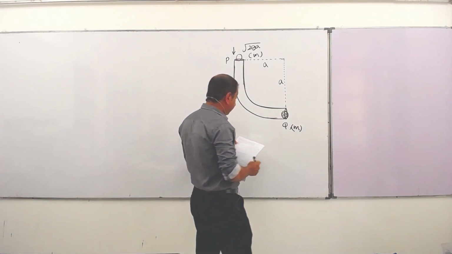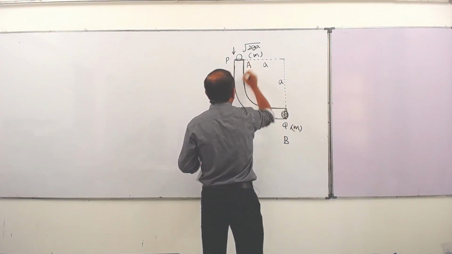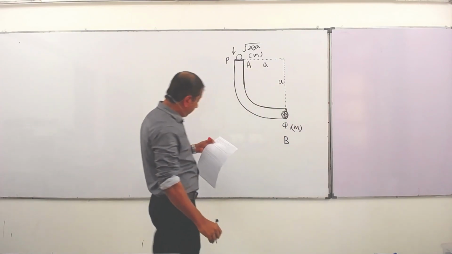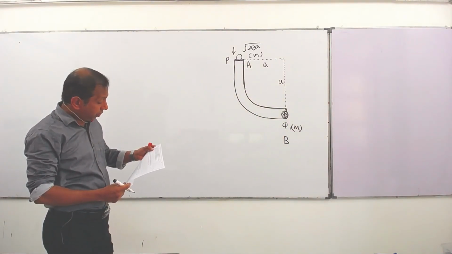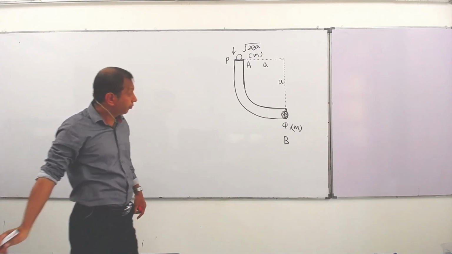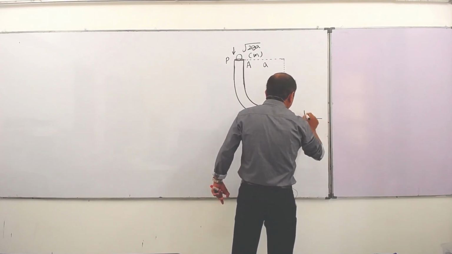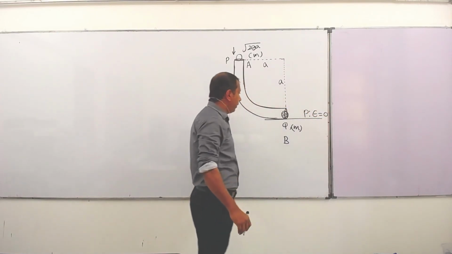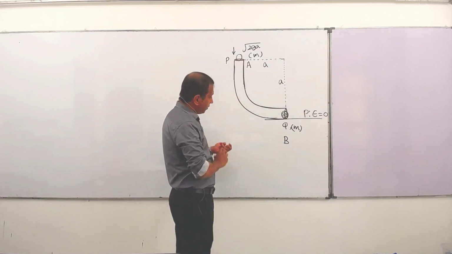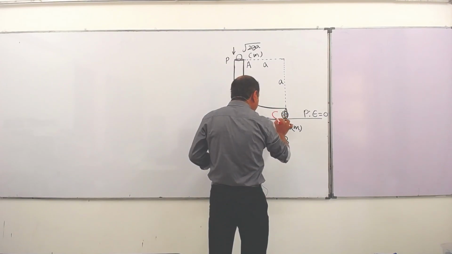Point B here, point A here. Right. We are asked to find the velocity of the composite particle when it leaves the tube. I take this level as the potential energy zero level. Once the particle P reaches B, I am going to find its velocity.